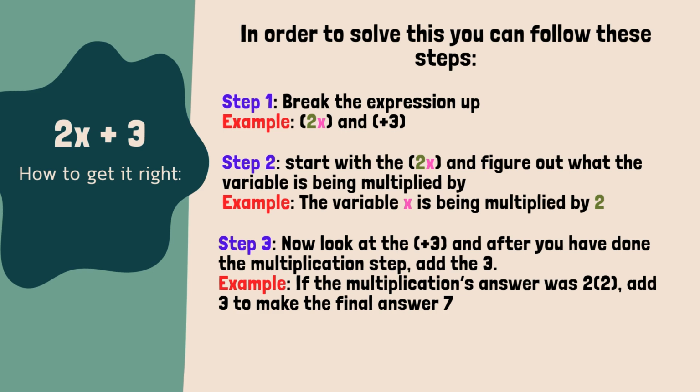So, therefore, the variable x is being multiplied by 2. So that unknown variable is being multiplied by 2. Whatever that unknown variable is, whether it's a number of eggs, whether it's a number of blue cars or red cars, that value is being multiplied by 2.